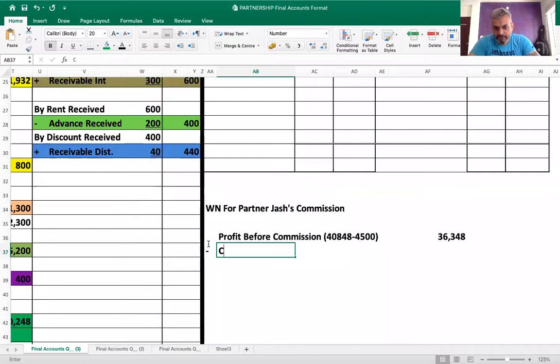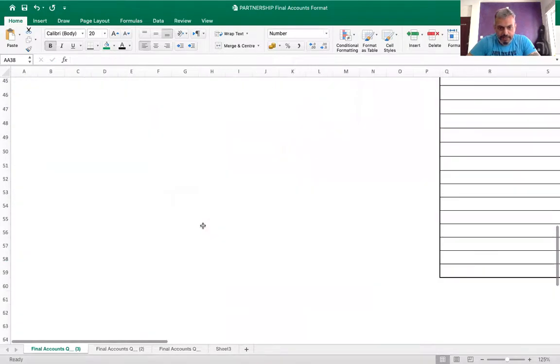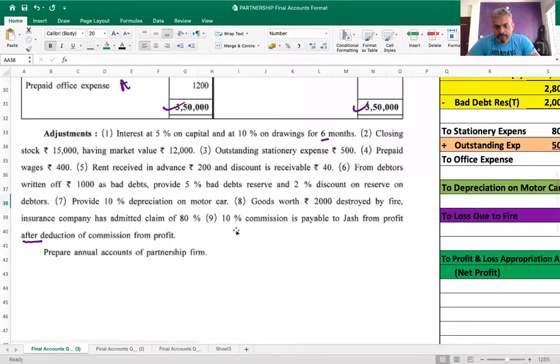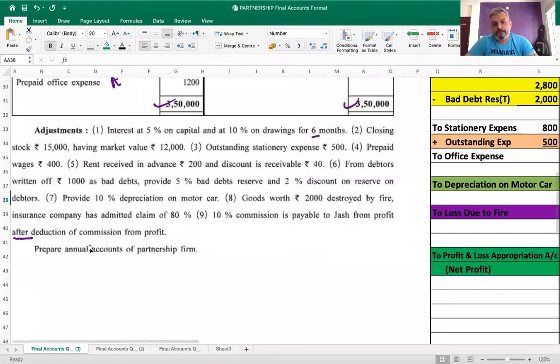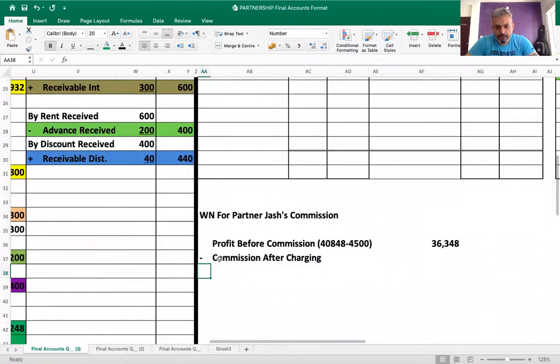Now इसमें से subtract करना है commission, but this commission is after charging. ऐसा कहाँ दिया है? ऐसा यहाँ पे दिया है adjustment में. 10% commission is payable to Josh from profit after deduction of commission from profit.